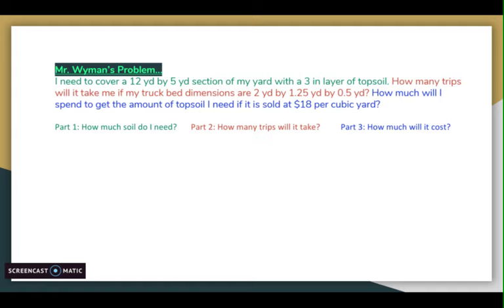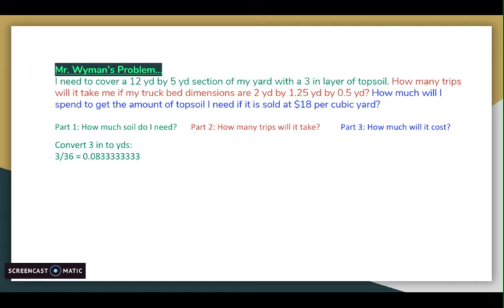Looking at part 1, how much soil do I need? If I'm just looking at that first sentence, I have 12 yards, 5 yards, and 3 inches. I need to convert the 3 inches to yards because that's the measurement used in the rest of the problem. So I'm going to take 3 divided by 36 because there's 36 inches in a yard, and I get 0.083 repeating.